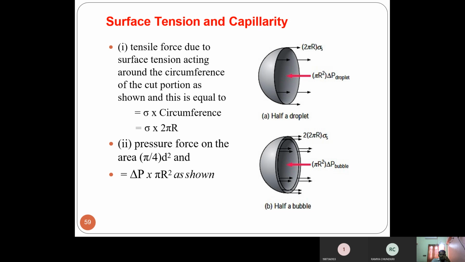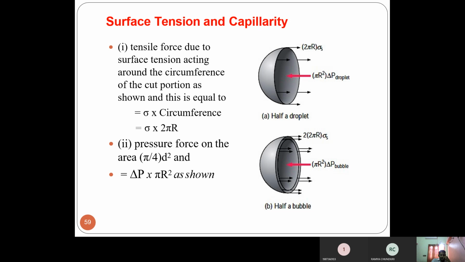Pi by 4 d square, and d is 2r, so we get pi by 4 into 4r square. The 4 gets cancelled, and the remainder is pi r square. So the force on the area is delta p into pi r square. This is the pressure force acting on it.